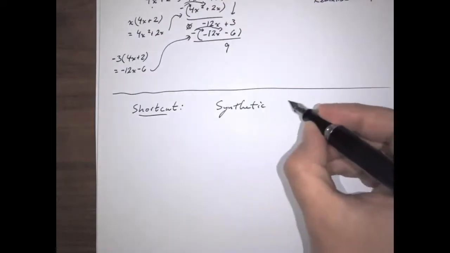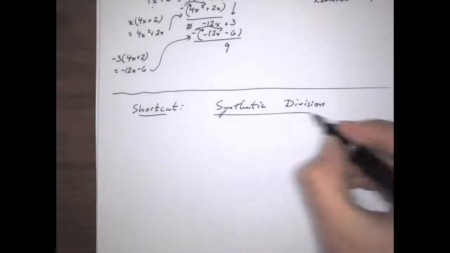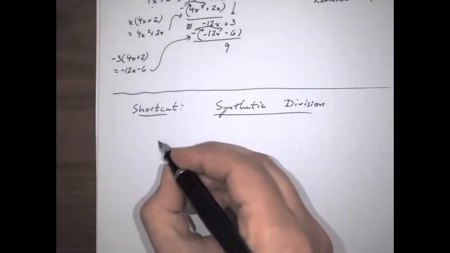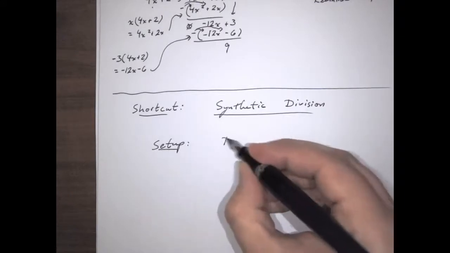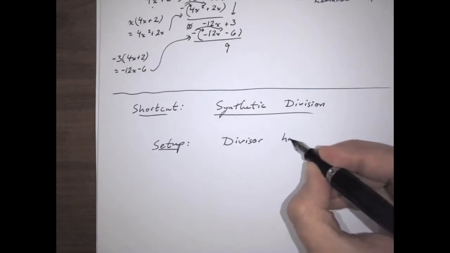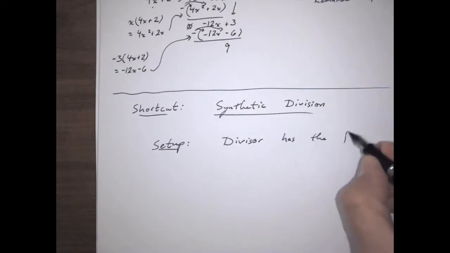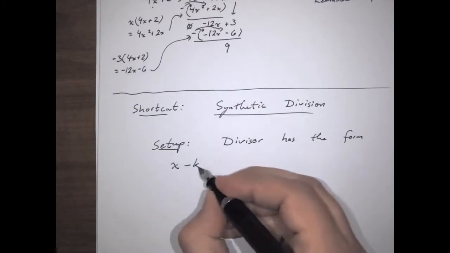It's called synthetic division, and it can only be applied in a certain setup. So a certain setup, the divisor has to have the form x minus k.